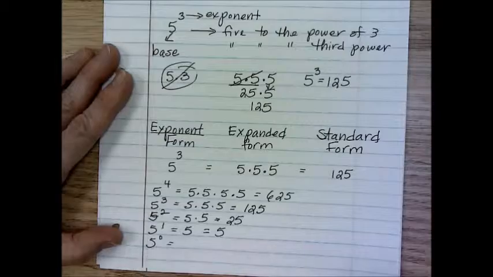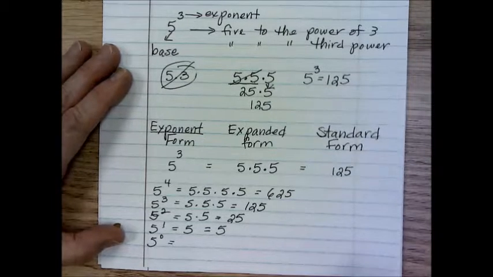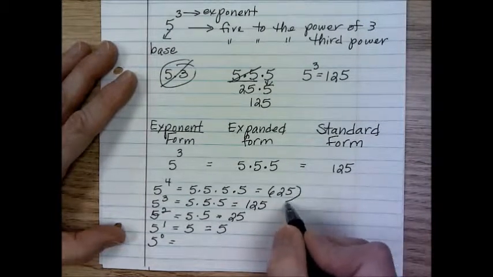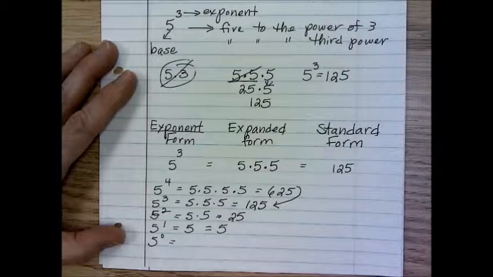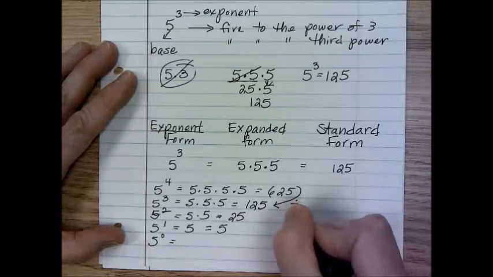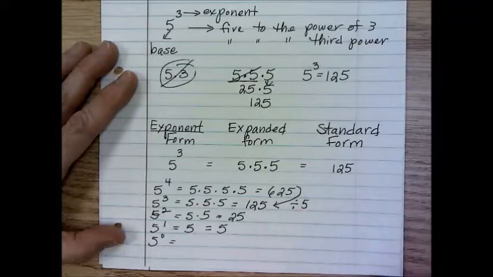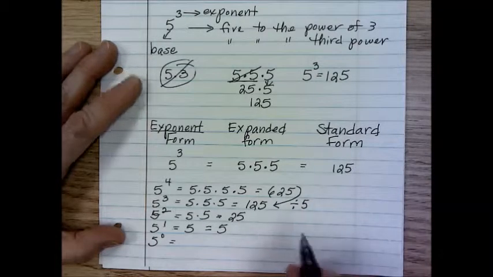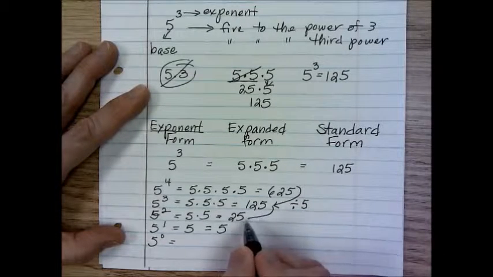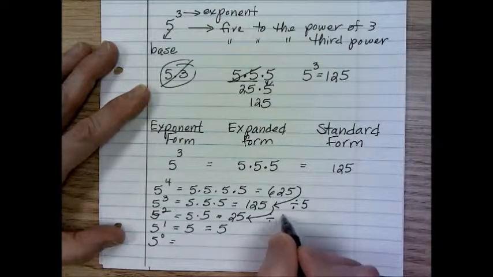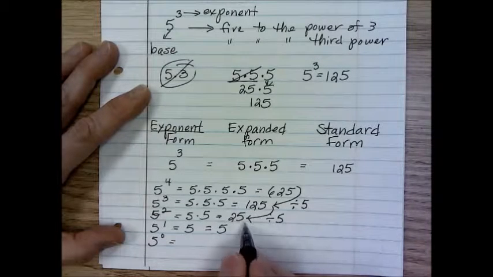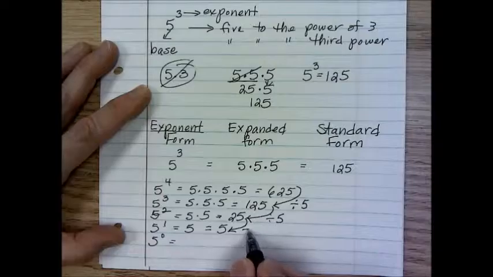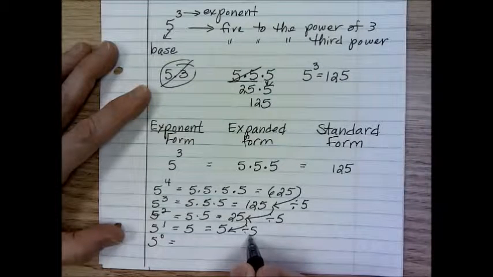So, what would 5 to the 0 power be? Well, let's look at what's happening. How do I get from 625 to 125? I'm dividing by 5. What happens to get from 125 to 25? Again, I'm dividing by 5. To get from 25 to 5, I'm dividing by 5.